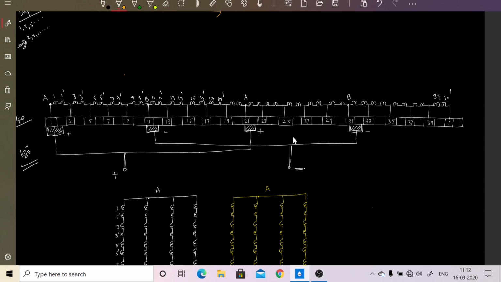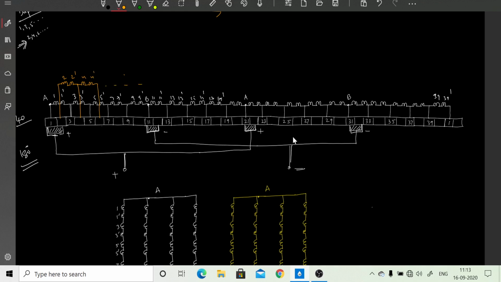The other winding is connected between commutator segments 2 and 4, like this. So one coil is connected between 2 and 4, that is 2, 2 dash. Similarly, between 4 and 6, another coil is connected, that is 4 and 4 dash.